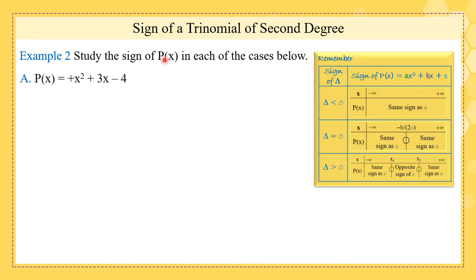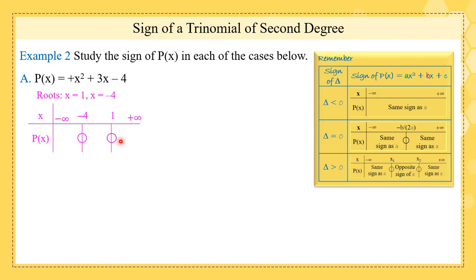Now let's see some examples. Study the sign of p of x in this case. This is a trinomial of second degree. So we have to find delta, and we can also use the calculator to find the roots. Now, using the calculator, we have two roots, which are 1 and negative 4. And in case we have two roots, this means that delta is positive, and we are in this case. So we draw the table, we put the roots in increasing order, negative 4 and then 1.